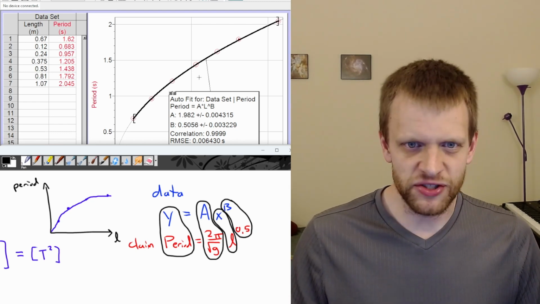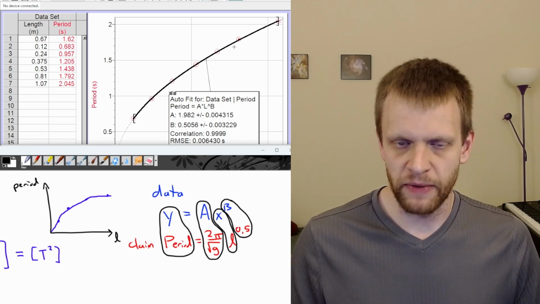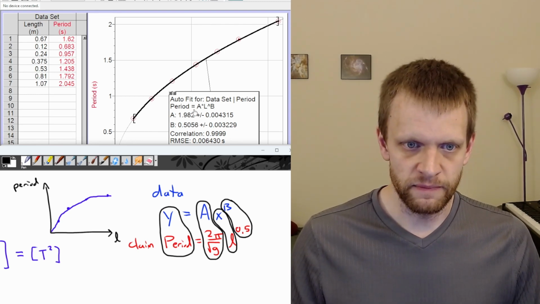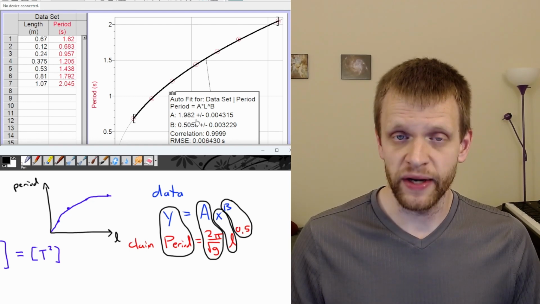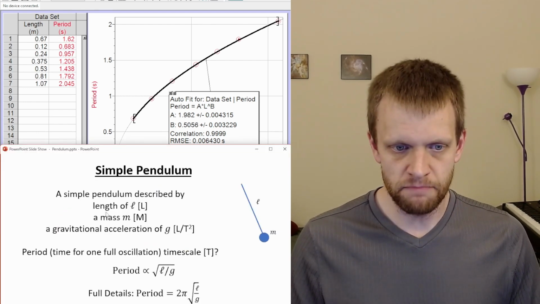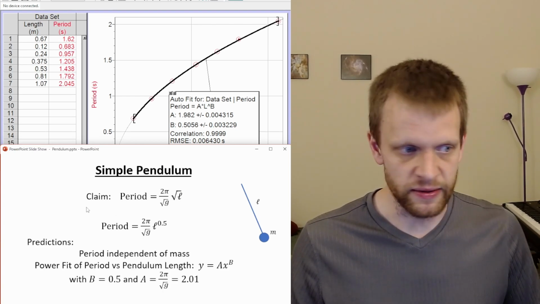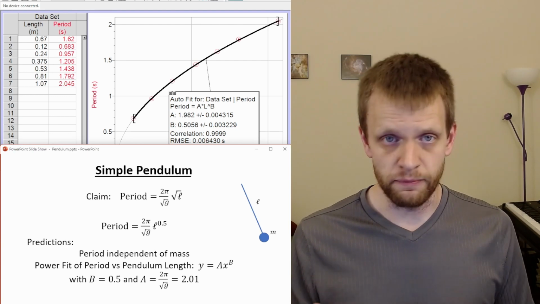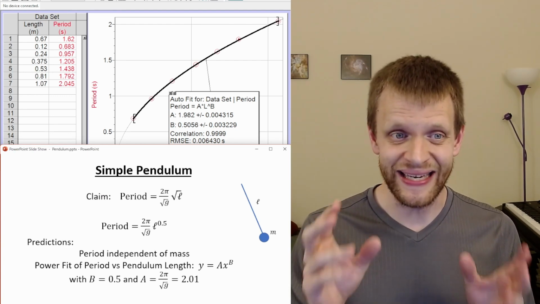But maybe, with this model of using all of my data together to find exactly what kind of mathematical pattern we get and comparing that to our prediction, you think I'm hiding something here. So let's have another method for actually using each of these data points.